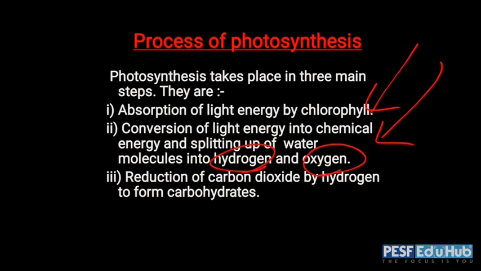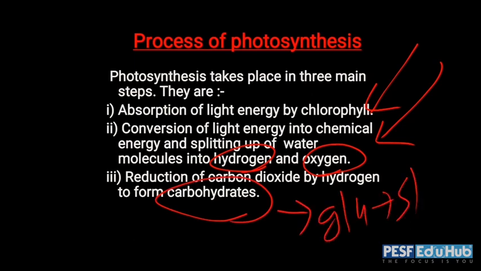Then conversion of light energy into chemical energy, along with splitting of water molecule into hydrogen and oxygen. Third step is reduction of carbon dioxide by hydrogen to form carbohydrate, glucose, which form starch.